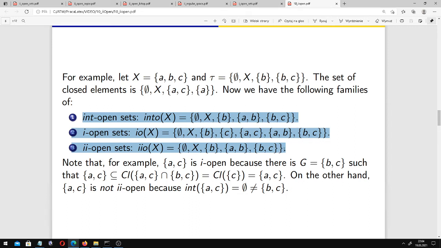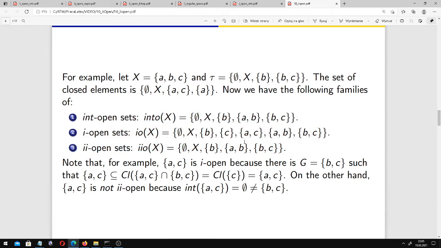They are listed here. Of course, you should assure that these calculations are true.